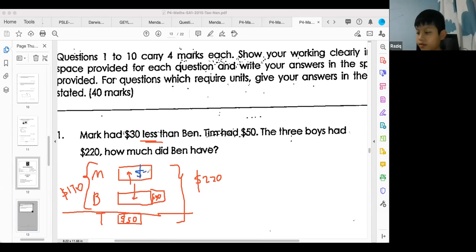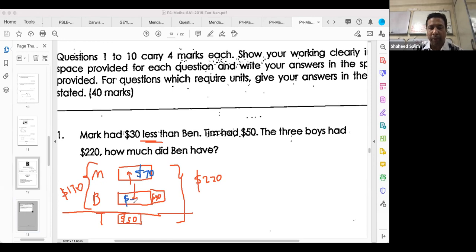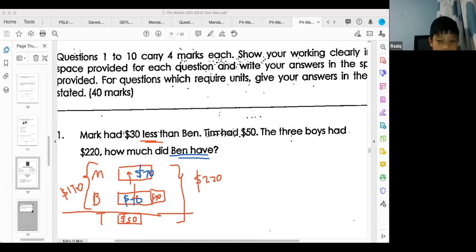Okay, now 70 is for Mark, but Ben got how much? 70 plus 30, no, Ben. So how much Ben will have? See, Ben, how much will Ben have? Berapa tu? 100. 100, well done.